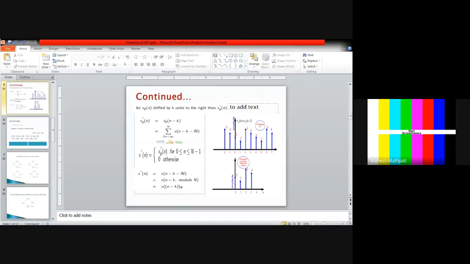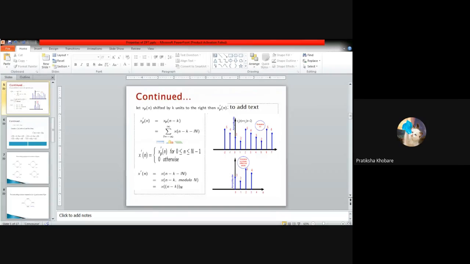Now if I take n equals 0, 1, 2, 3, then we write x dash of 0 equals x of modulo n, with n equal to 0.